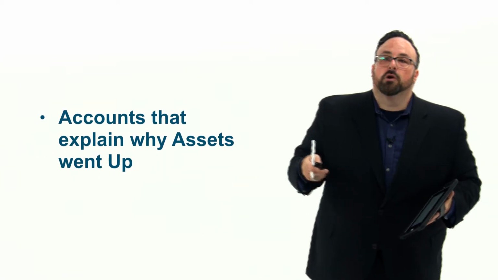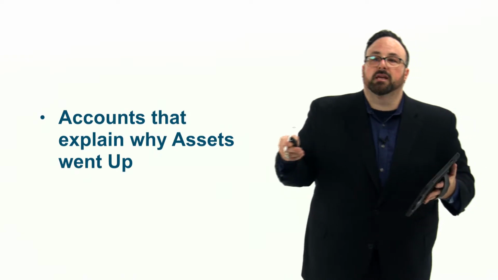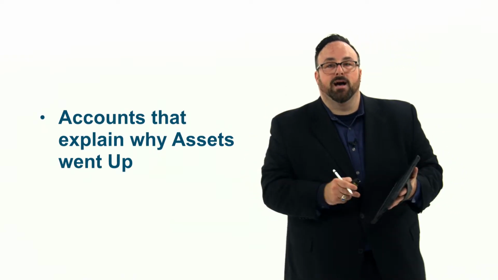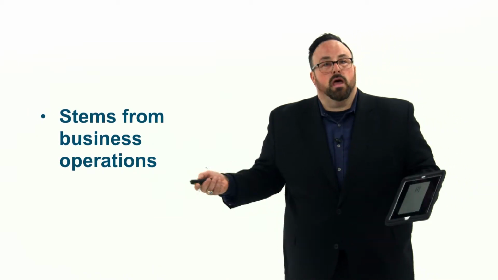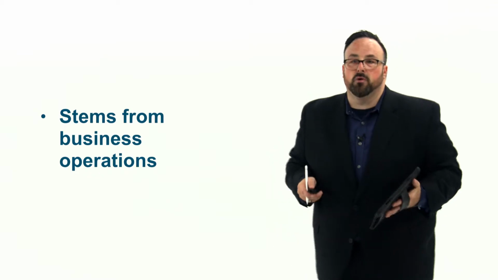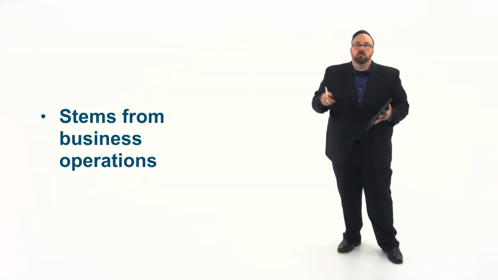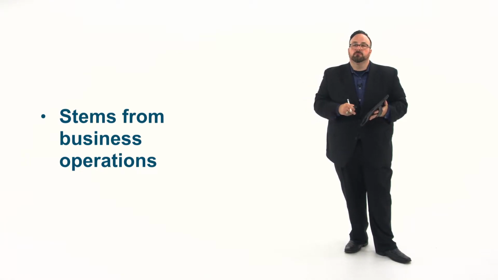Now, we're going to talk about how the income statement deals with accounts that explain why assets went up. Assets may have gone up because you brought in more customers. You were able to invoice more customers, more growth, more accounts. Now, this stems from business operations.